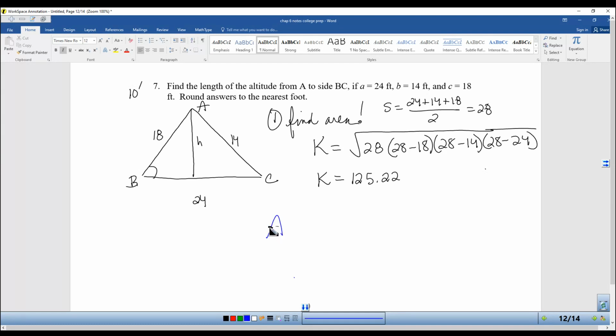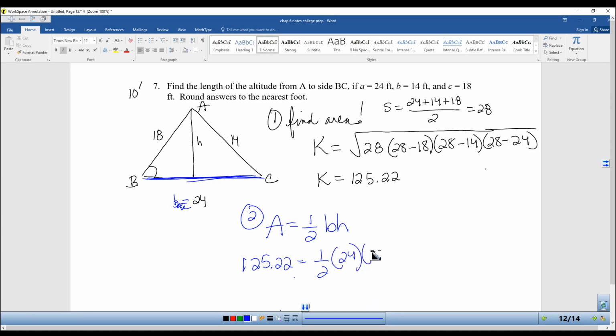Well, now, a little bit tricky. Step 2, if you know the area, and you know the area is 1/2 base times height, then you can use your easily found area and your known base. Oh, I was going to write B, but I'm going to write out the word base because it's not the letter B, times 24, and that's an easier way to get the height.